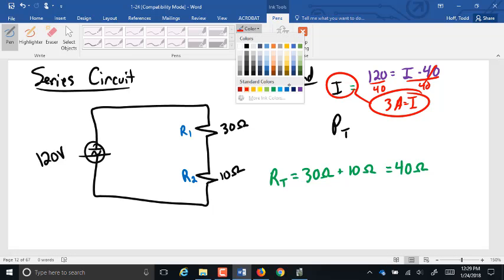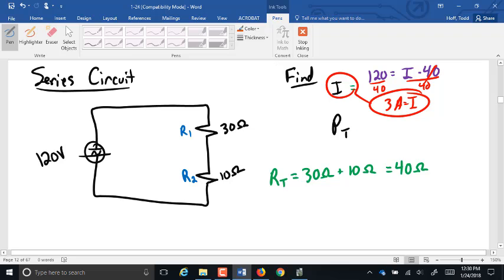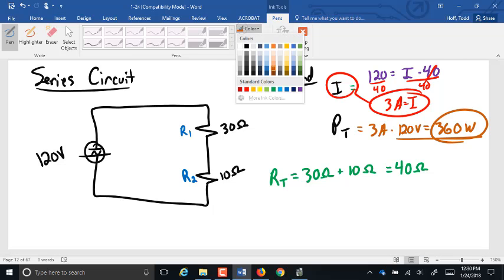So then the power is found by doing what? Amps times volts, current times volts. So 3 amps times 120 volts, which is 360 watts.